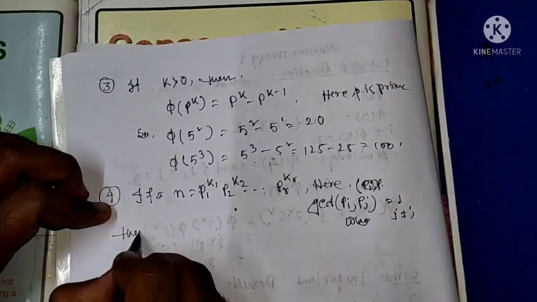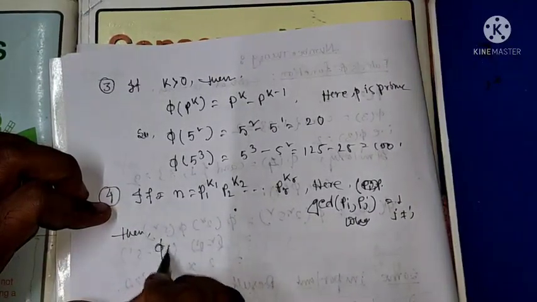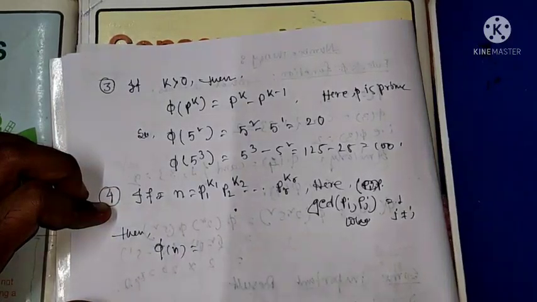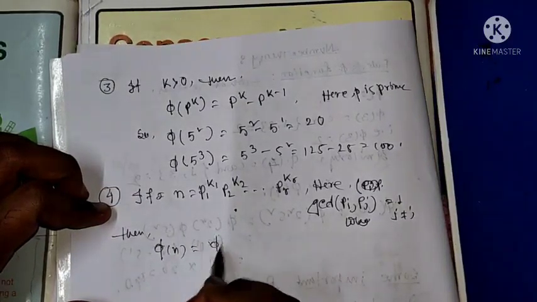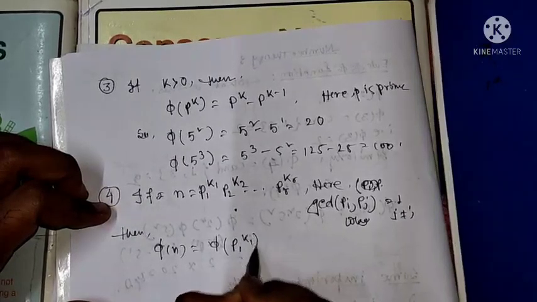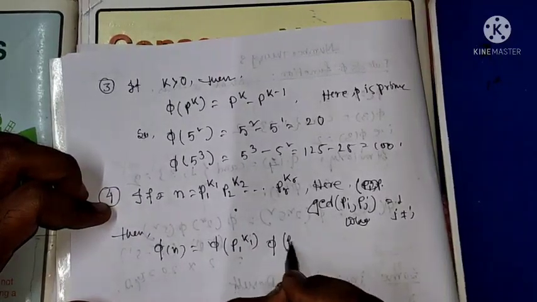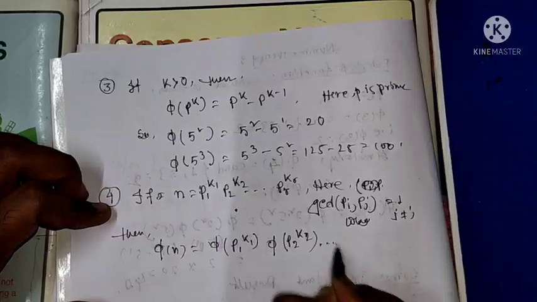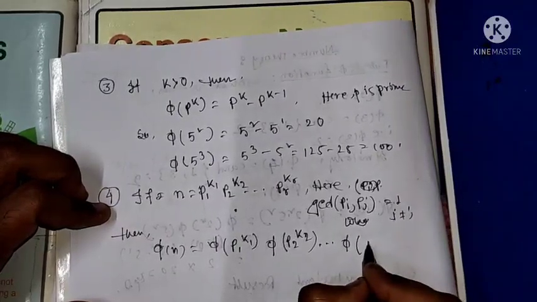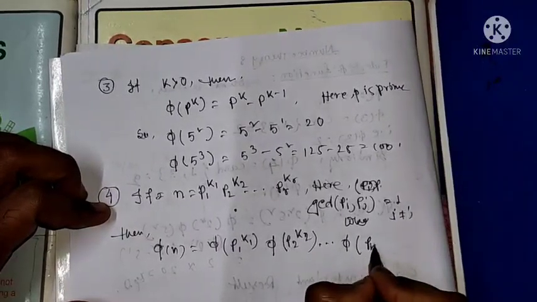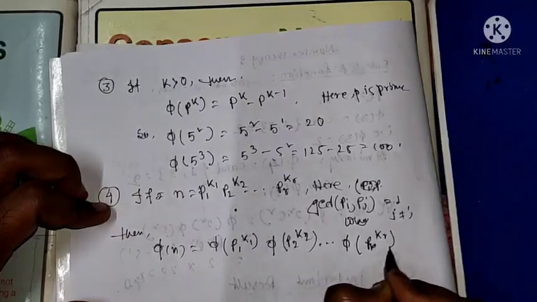Then phi of n is equal to phi of p1 to the power k1, phi of p2 to the power k2, and so on up to phi of pr to the power kr.